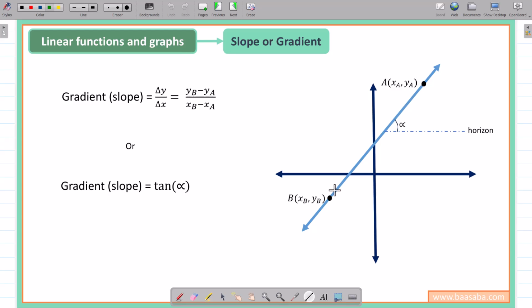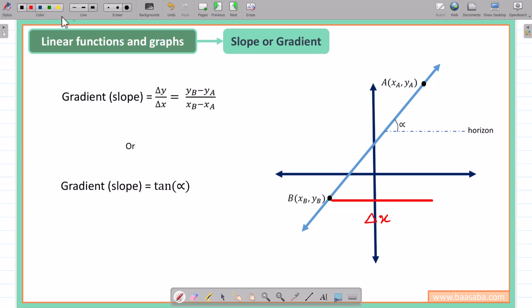But if you can only have vertical steps and horizontal steps, you have to move a distance vertically and a distance horizontally to go from A to B or B to A. Imagine I want to transfer from B to A. I have to travel this distance horizontally, and I'm going to name it delta x.